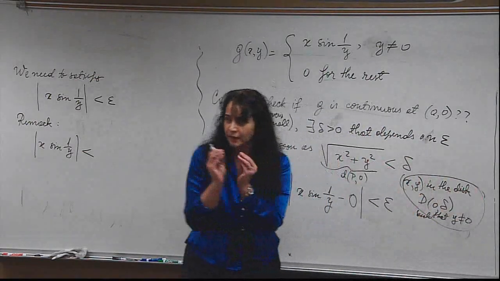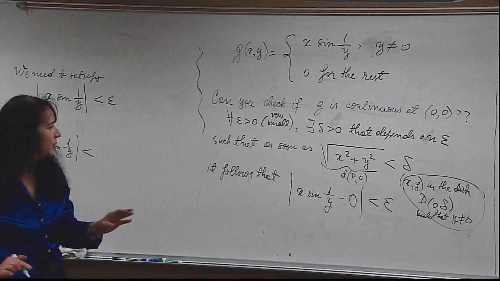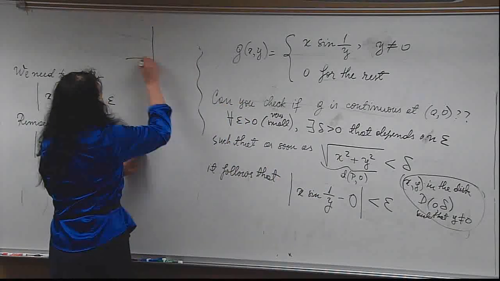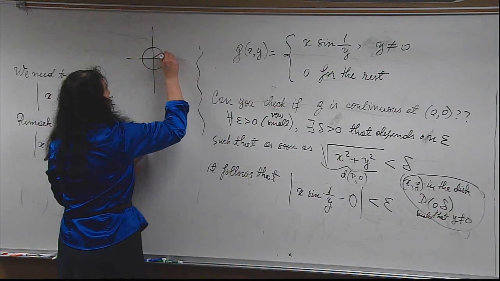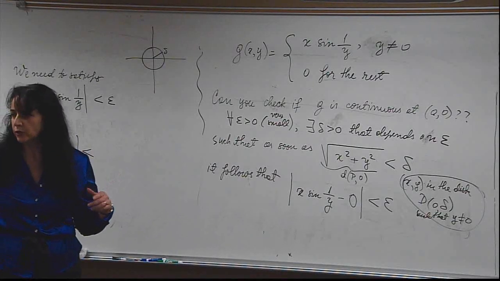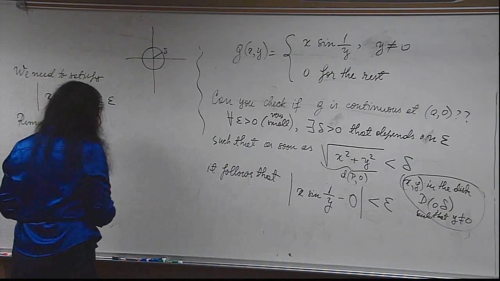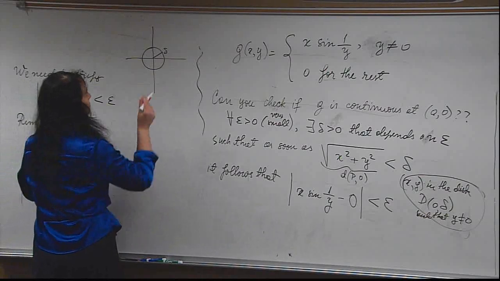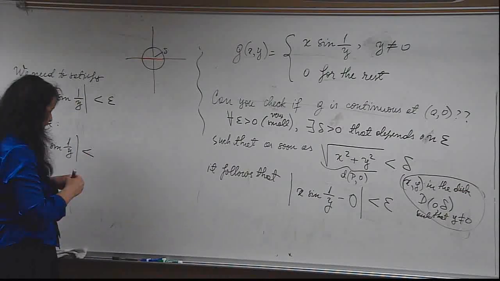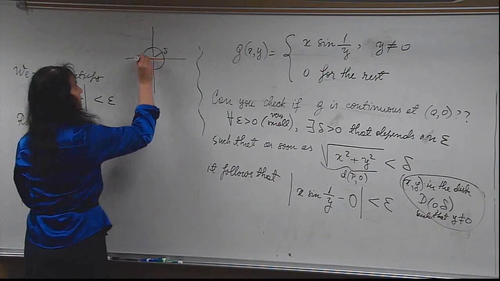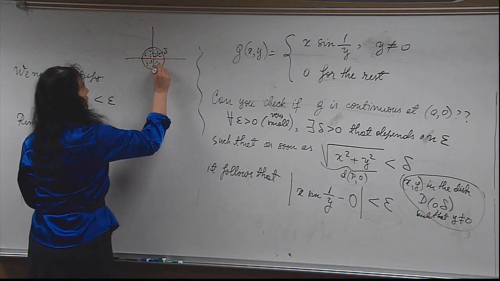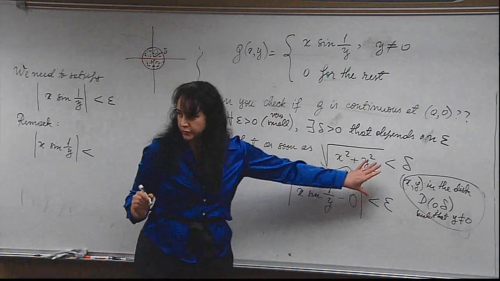So a more rigorous point would be to take all the couples that are in this small disk of radius delta, except for those where y is 0. So what do you actually remove? You remove this stinking line, but everybody else in this disk should be analyzed as part of this study, right?